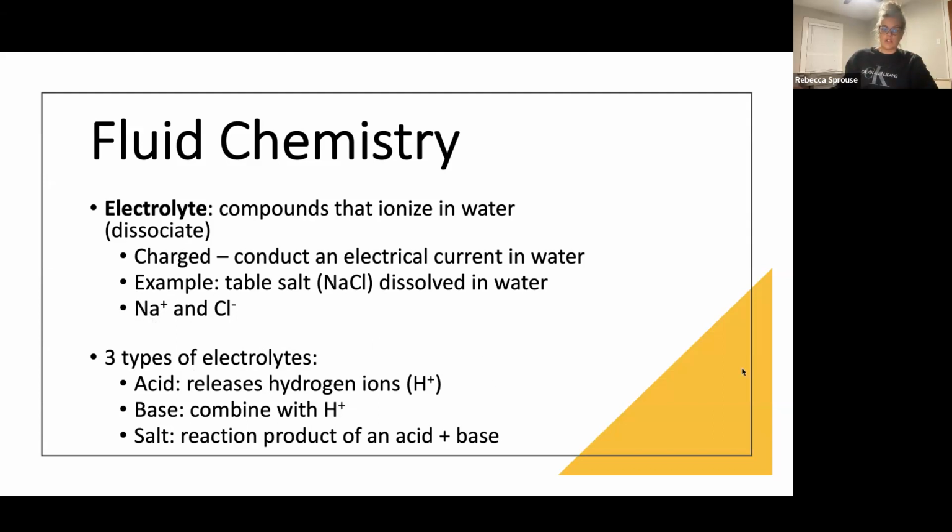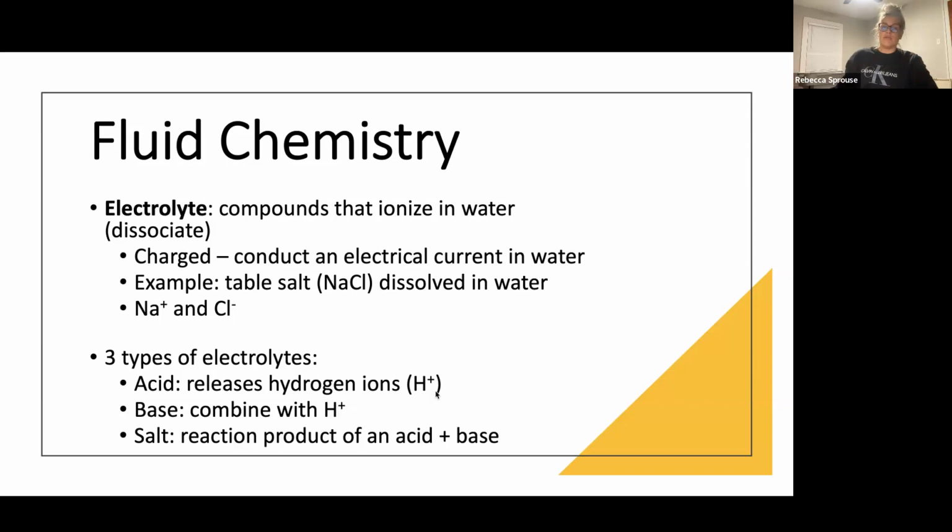There are 3 types of electrolytes: acids, bases, and salts. Acids, in terms of their properties, what makes something an acid, we're talking about hydrogen ions. Think about free hydrogen ions, H+, being acidic. If you can remember that hydrogen is acidic, that's going to help you with everything else.